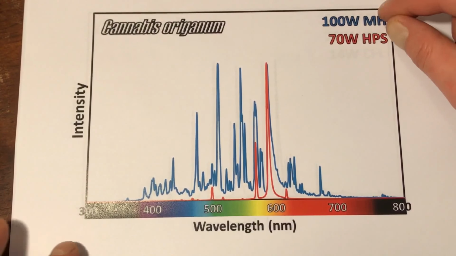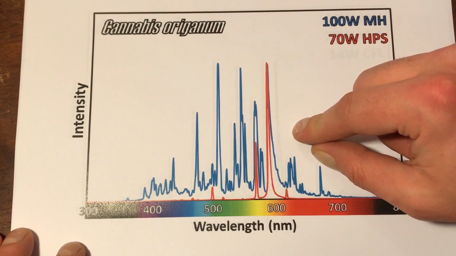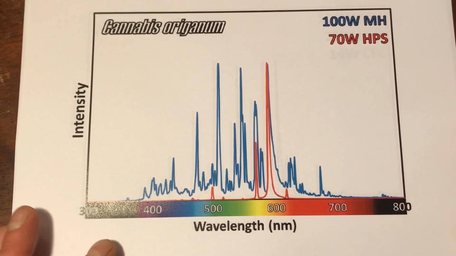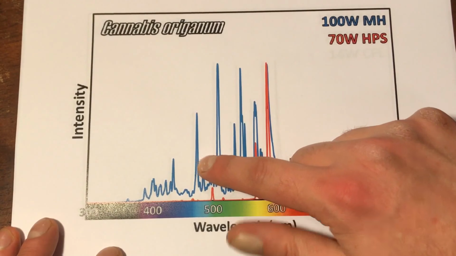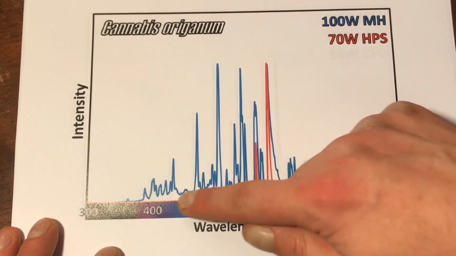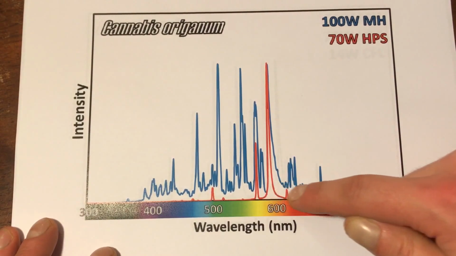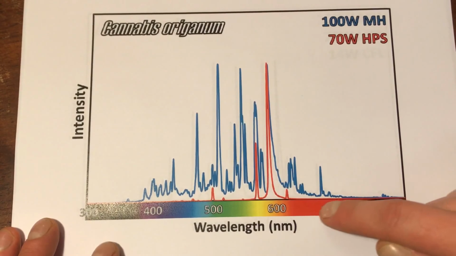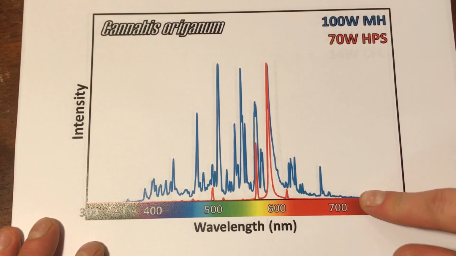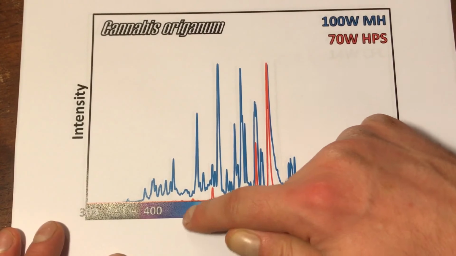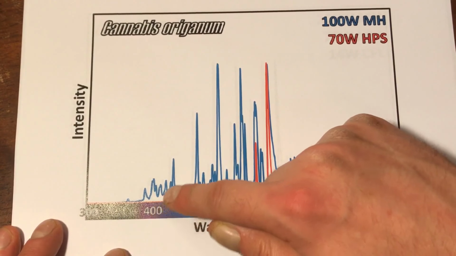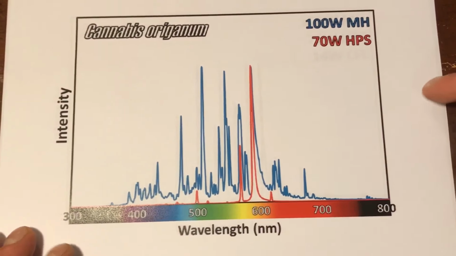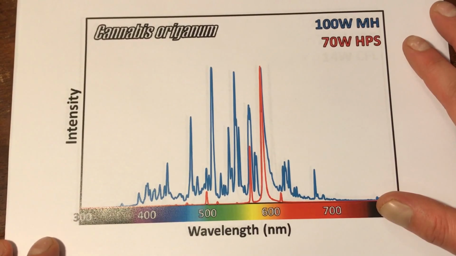But if they were at the same lumen value, then they should look just like this. And you can see a lot more peaks, again very sharp, but also a good bit of baseline intensity throughout the visible spectrum. Again, extending a bit further to the red than the HPS, and quite a lot more into the blue, violet, and a little bit of UV even looks like there.